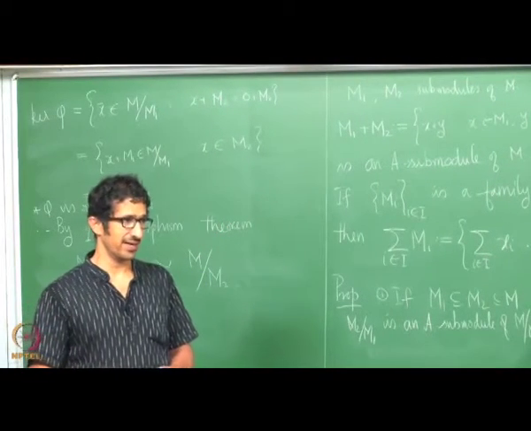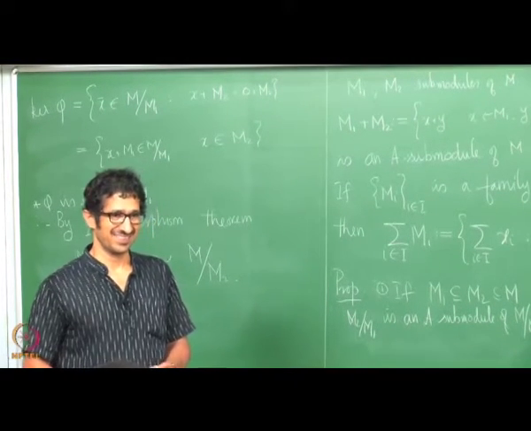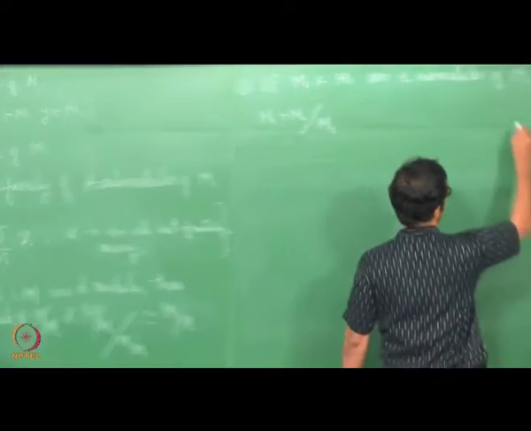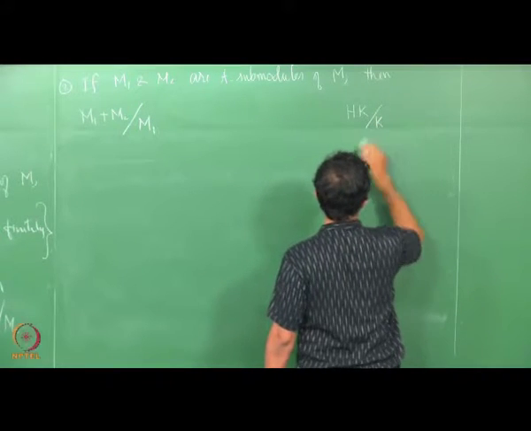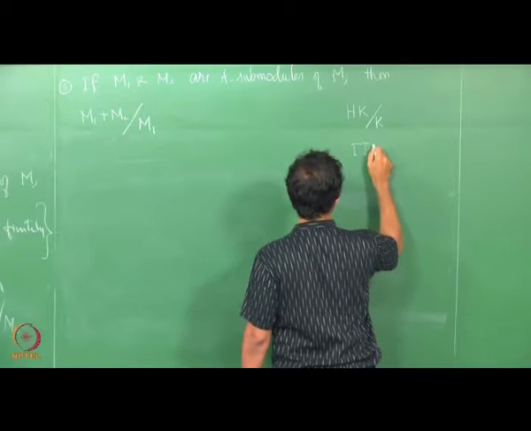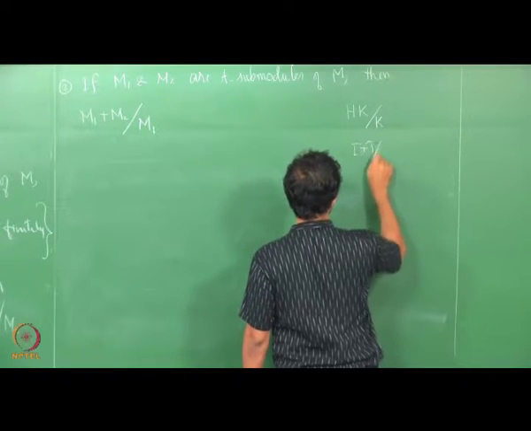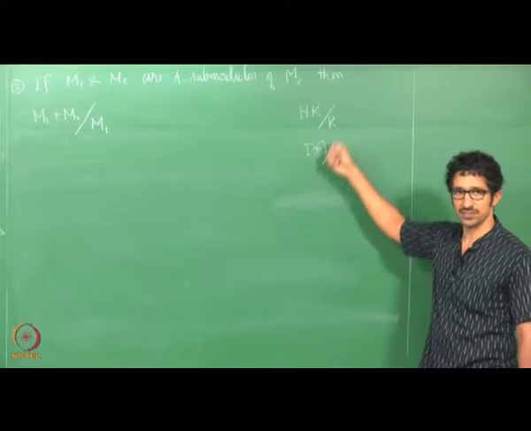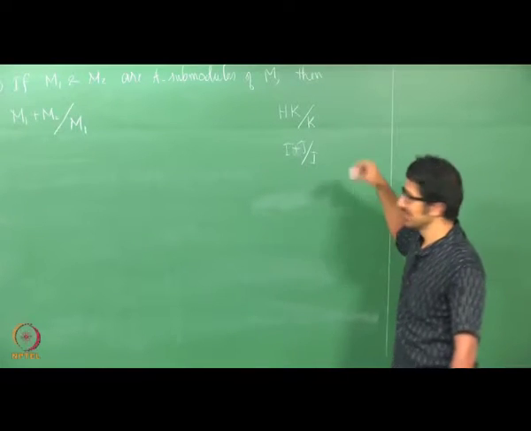In groups, GH mod H, or HK mod K, or in rings, I plus J mod I. Now, these are some things that you must have seen in your group and rings theory course, right.